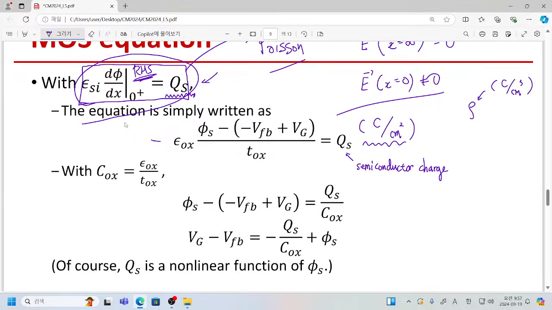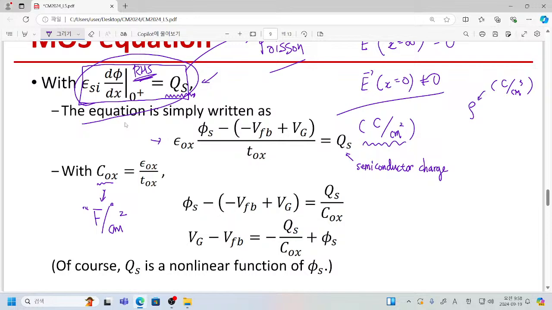From this expression, we can introduce the oxide capacitance, and this oxide capacitance is once again not exactly capacitance itself. The unit of capacitance is usually called farad. However, this quantity is no longer farad itself. This one is farad per square centimeter, an areal capacitance.